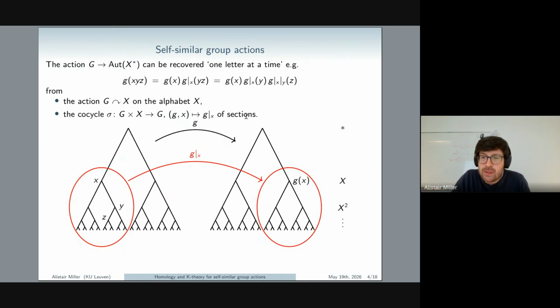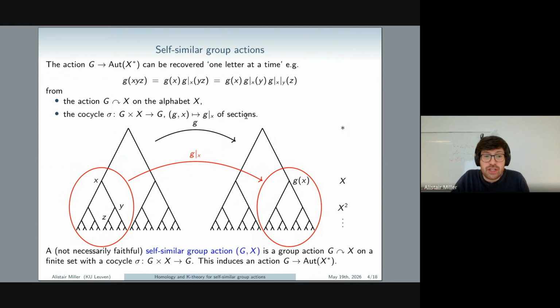So the reason for doing this is because now I can tell you what a general, not necessarily faithful, self-similar group action is. We just define it to be a pair consisting of an action of the group G on some finite set X, viewed as an alphabet, plus some one cocycle for this action.